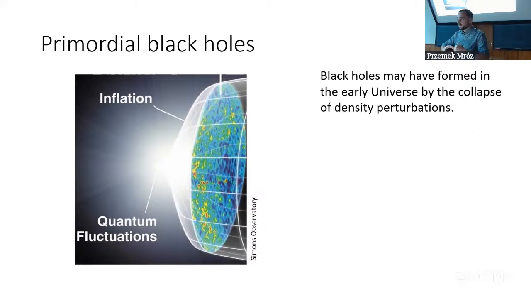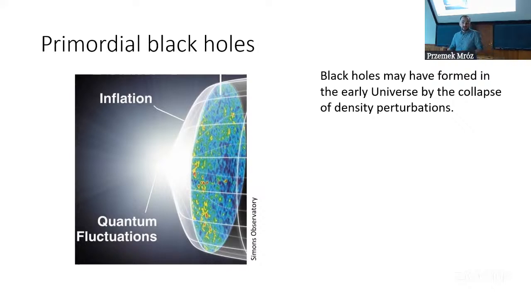We think that this early universe was not ideally uniform. There were some small density perturbations, then some density fluctuations within it. We think that these density fluctuations grew as the universe grew, and they gave rise to the structures that we see now in the universe. So the first galaxies, galaxy clusters, and so on.